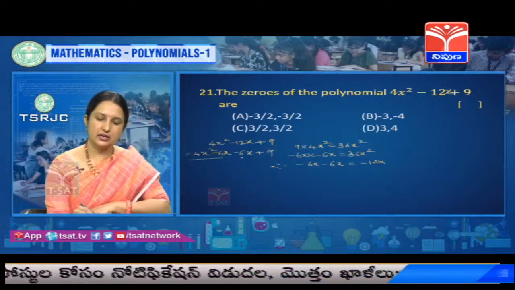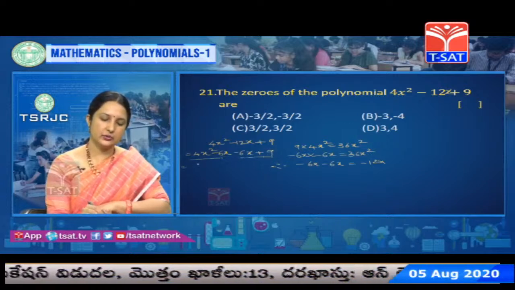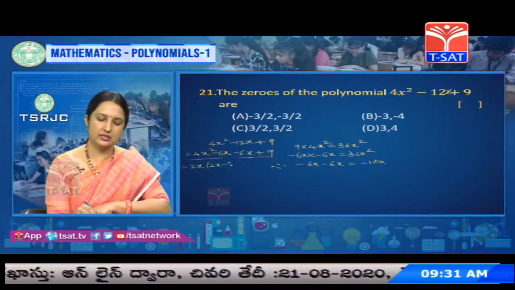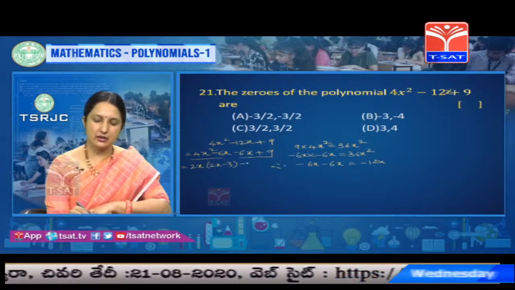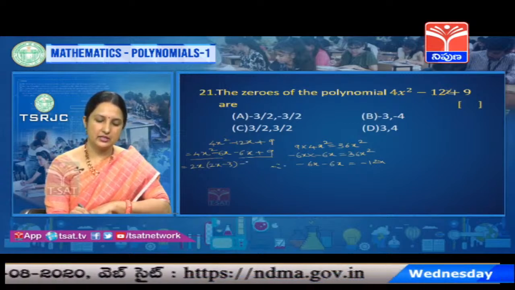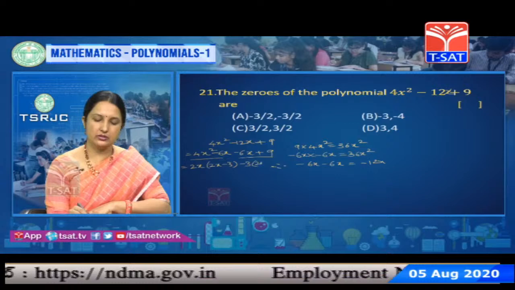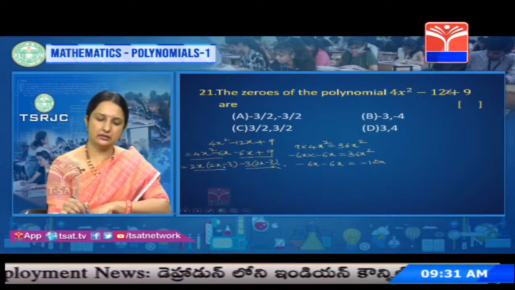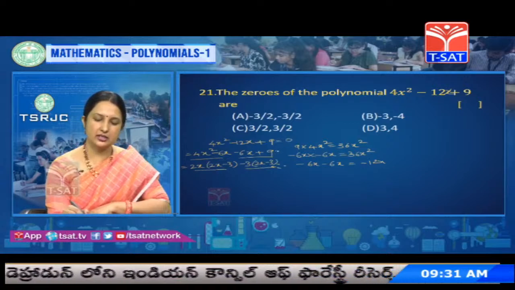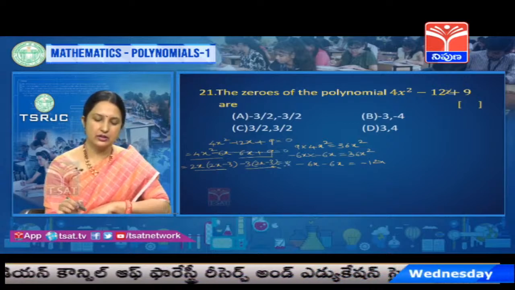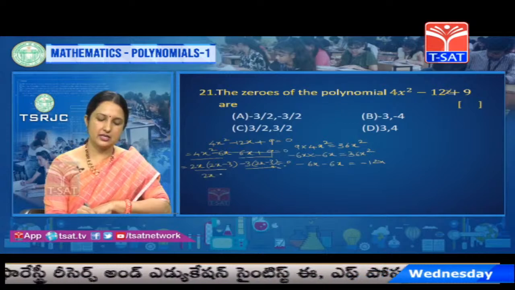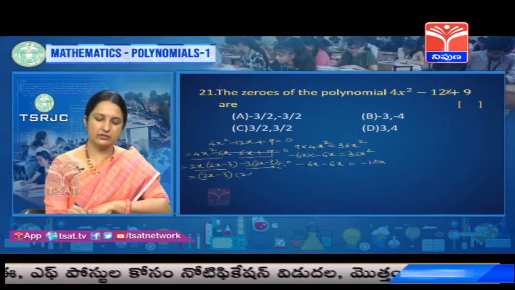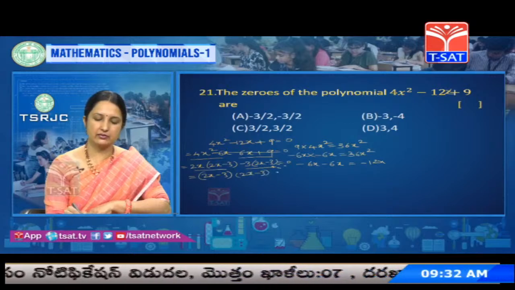So in this what is common? Here 2x is common, bring this out. What is left? 2x minus 3. In this, minus 3 is common, bring this out, 2x minus 3. In both the cases 2x minus 3 is common, bring this out, and what is left over? 2x minus 3 is left over.